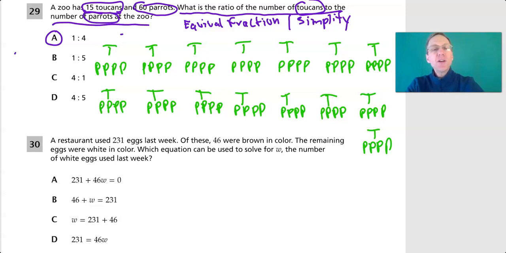What that means is for every 1 toucan, that's why I put this T here, there are 4 parrots, 4 P's right there. For every 1 toucan, there are 4 parrots.